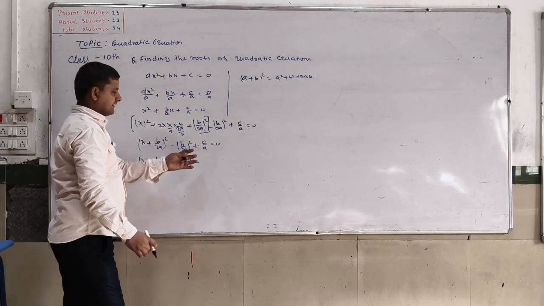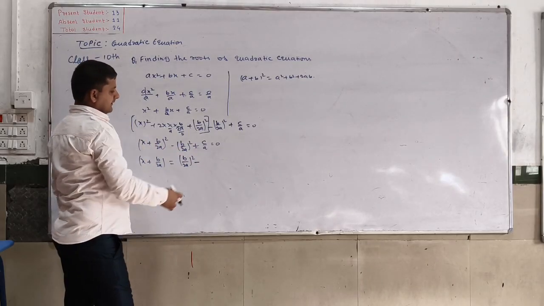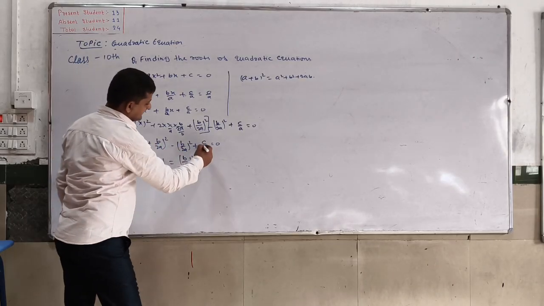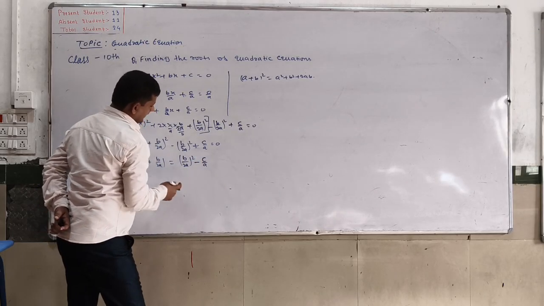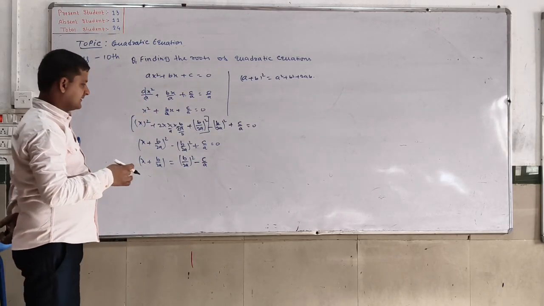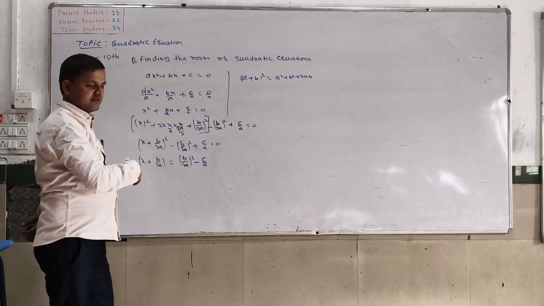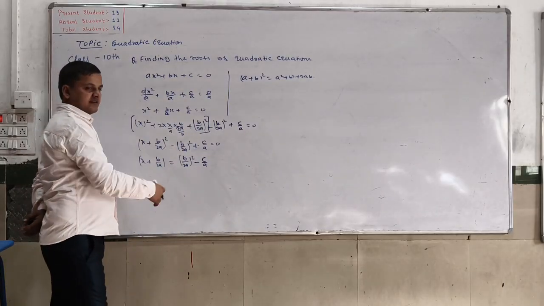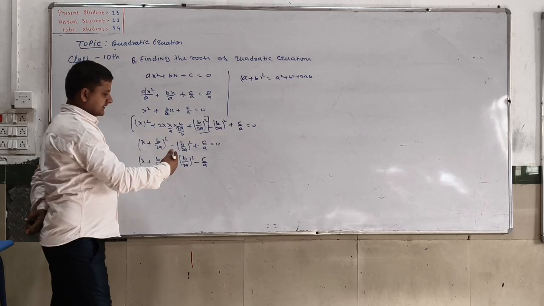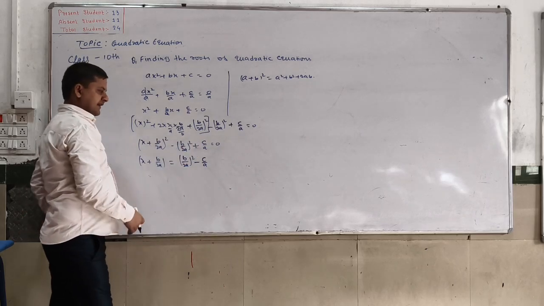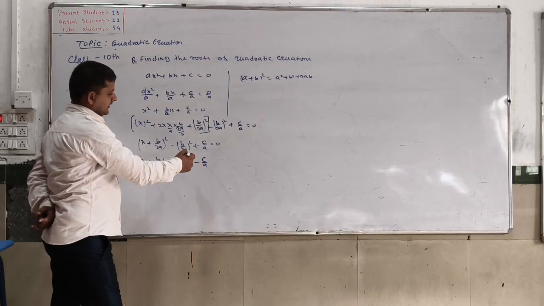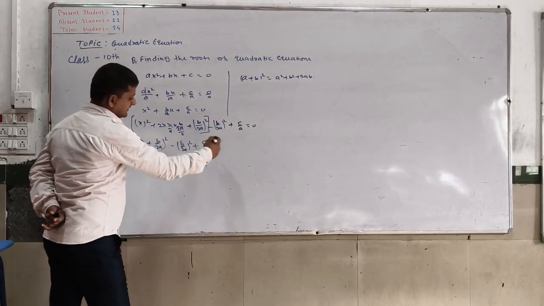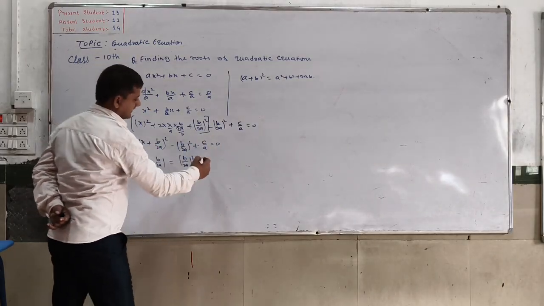The plus sign on the left side is converted to minus when taking it to the right side. So if the sign is minus, going to the right side it converts to plus, and plus converts to minus.